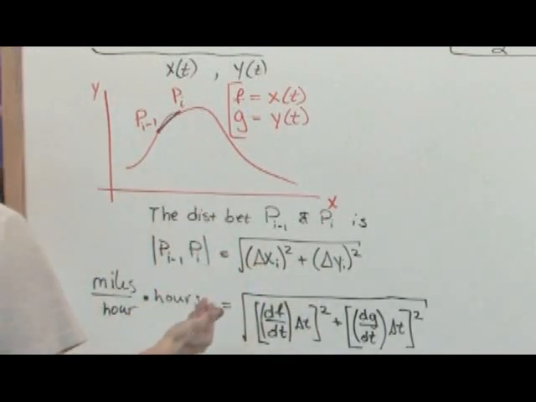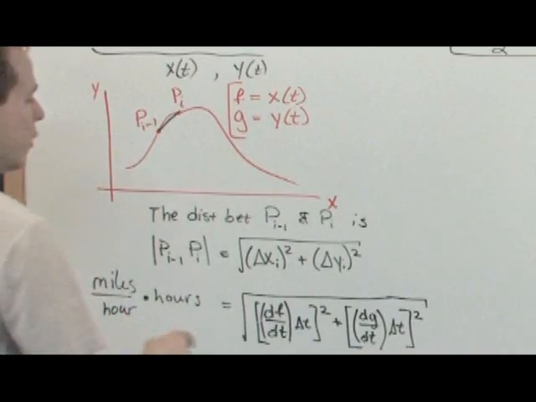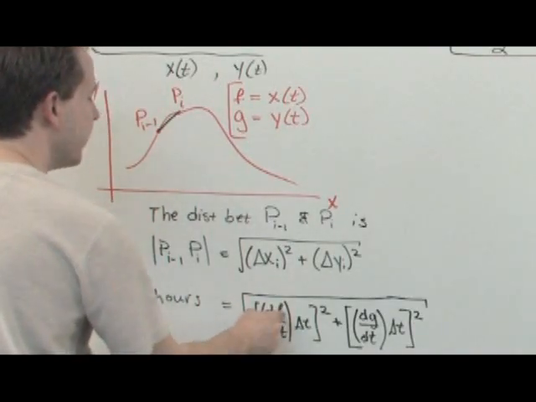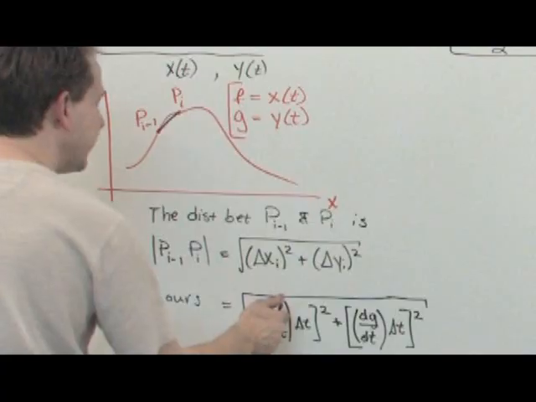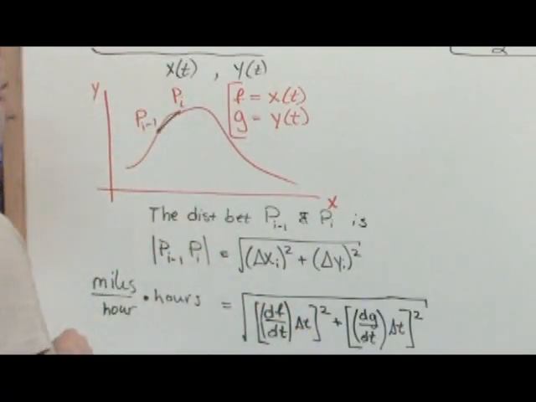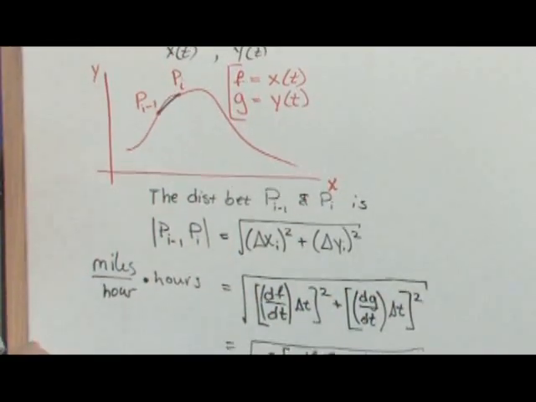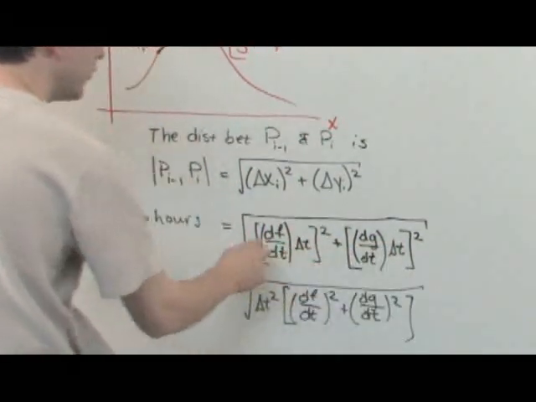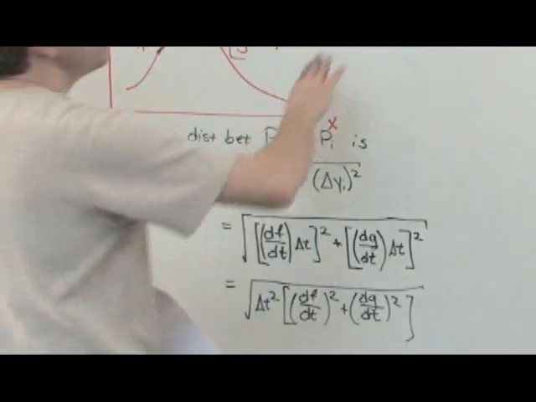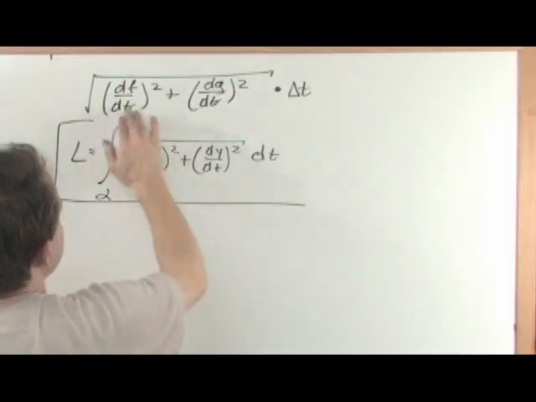So the magic of the whole thing was knowing that delta x, which is this distance here, was the rate of change of f, which is x, with time, times the time it took to move between those two points, okay? And then the same thing with y. Then we just factored out delta t squared, took the square root of it, moved it outside the integral, and what we had left on the inside was just df dt and dg dt.